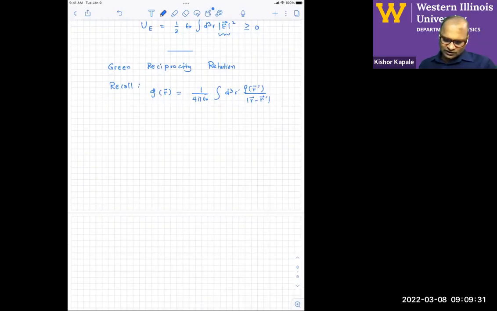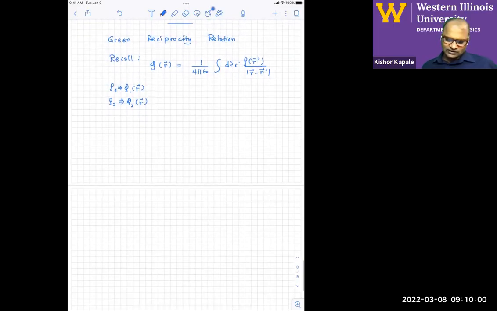Now let's take a look at two situations. You have two charge distributions, rho 1, and that causes phi 1 of r, and another charge distribution, rho 2. And let's say these are not overlapping. They are slightly separate. It actually does not matter even if they're overlapping or not. And so you have a charge distribution, rho 1, that creates a potential, phi 1, and charge distribution, rho 2, that creates a potential, phi 2.